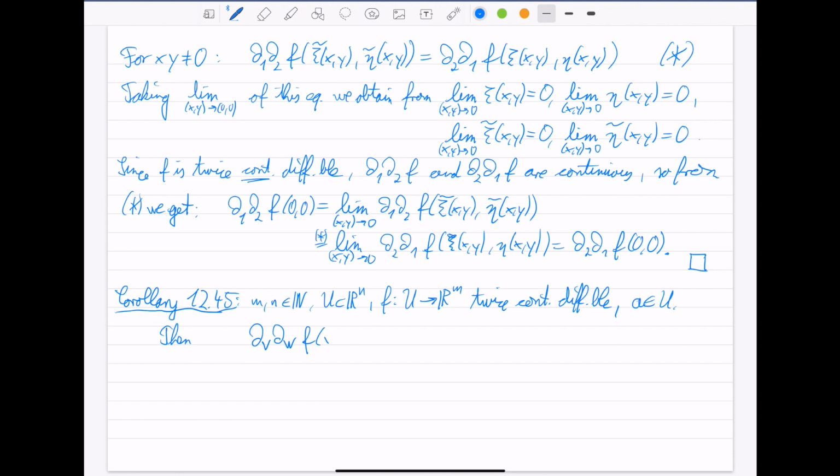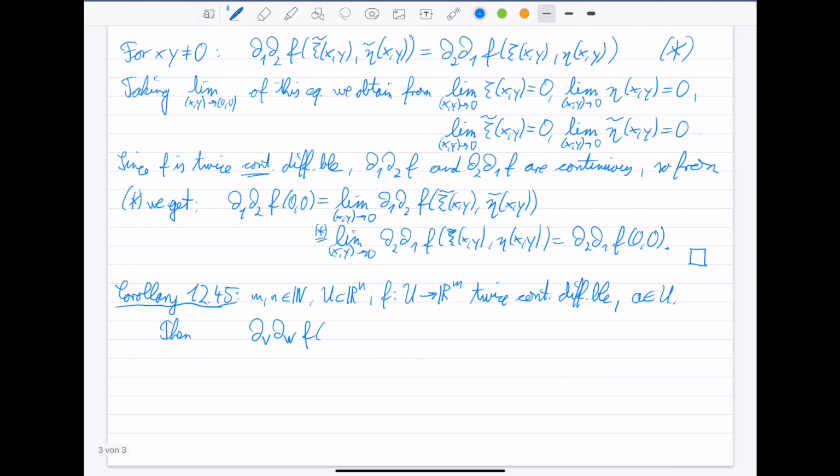And it turns out that d_v d_w f in a is the same as d_w d_v f in a for all v, w in R^n without 0. So all directional derivatives commute as well.